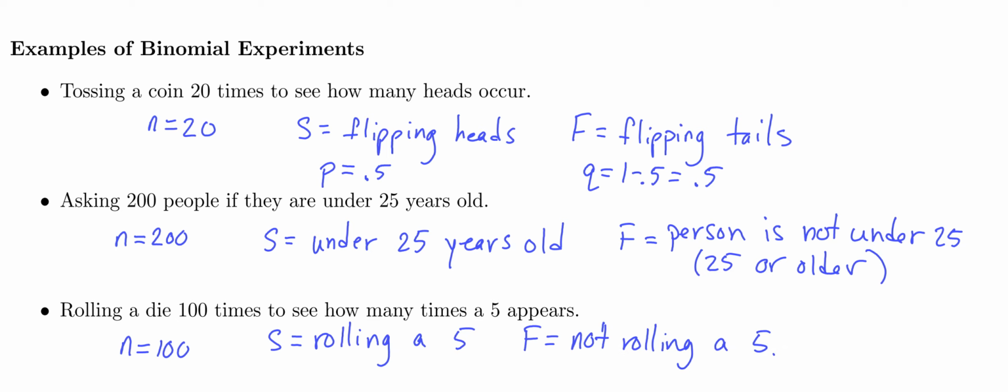However, in this case, we are determining rolling a 5 to be success and rolling anything else to be failure. So not rolling a 5 means we rolled a 1, 2, 3, 4, or 6. In this case, we can determine the probability of success and failure. The probability of success is 1/6, and the probability of failure is 1 minus 1/6, or 5/6.